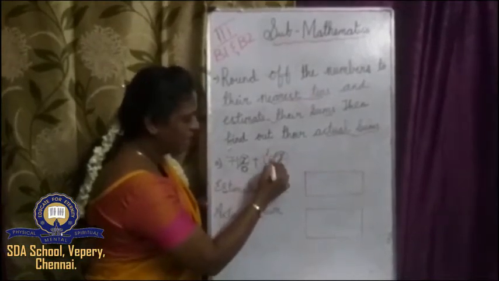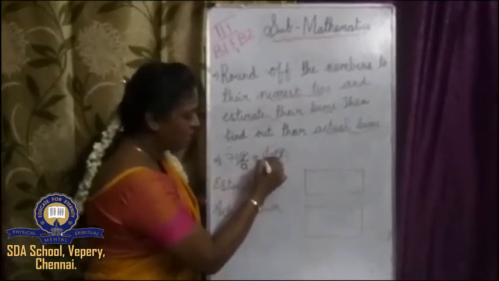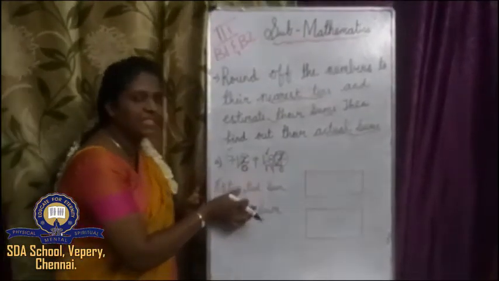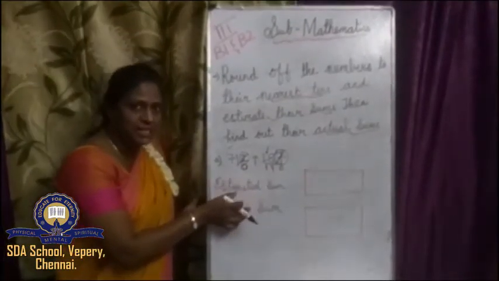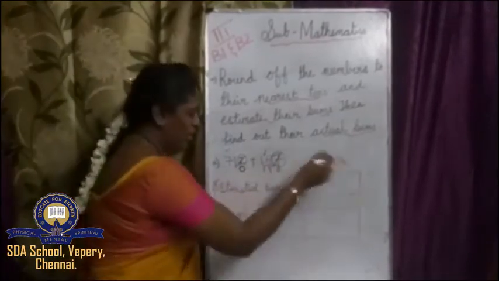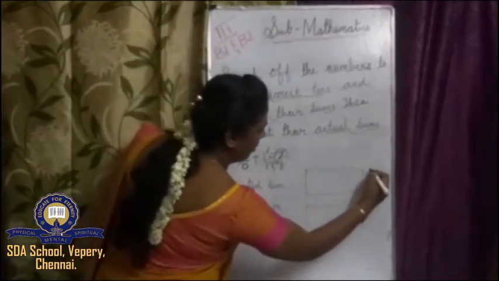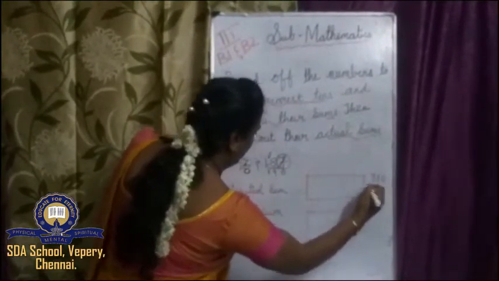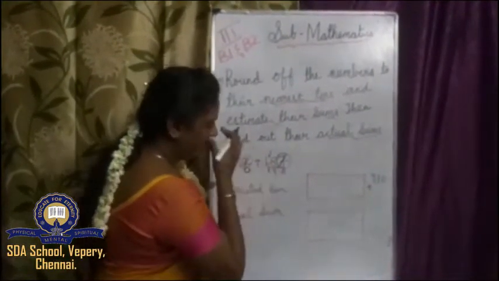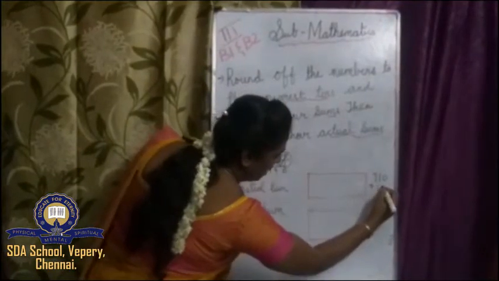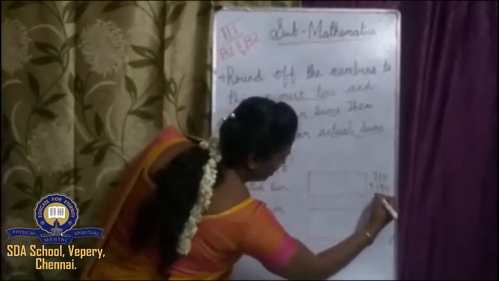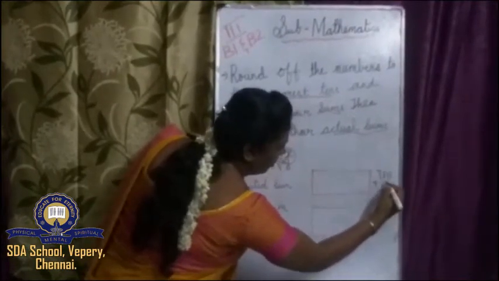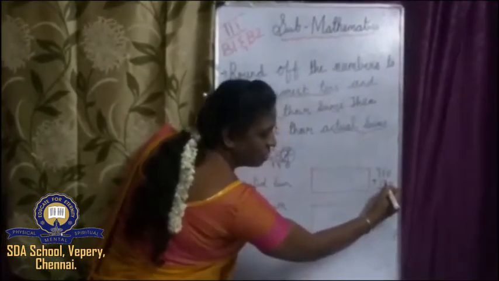1 plus 8 is 9, so 1 as it is, and this will become 190. This is the estimated sum. Now write in the rough column 710 plus 190. Add both. 0 plus 0 is 0. 1 plus 9 is how much?